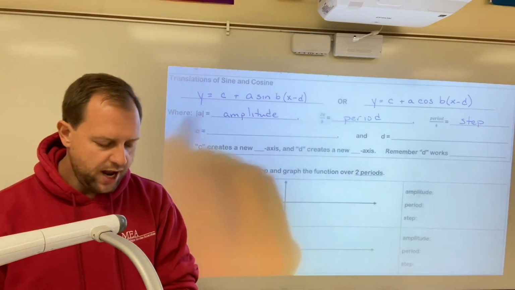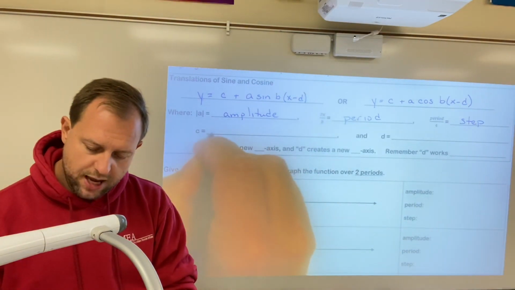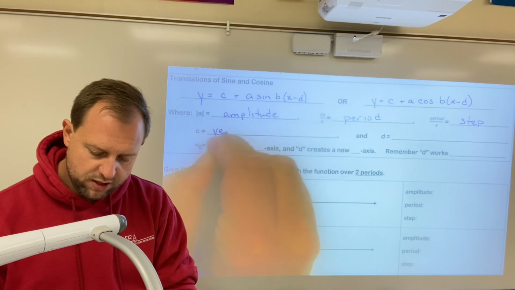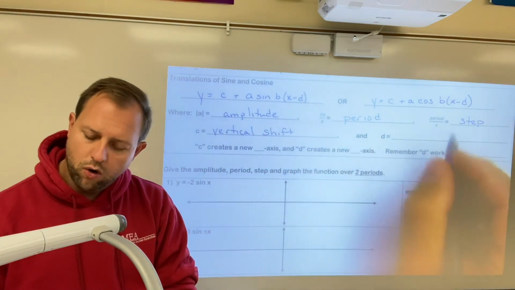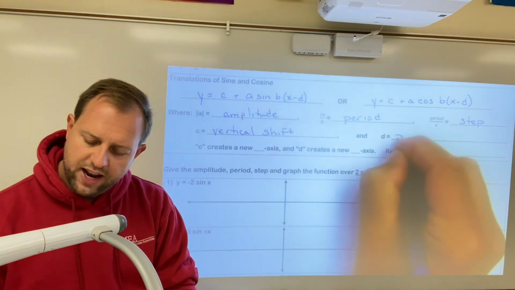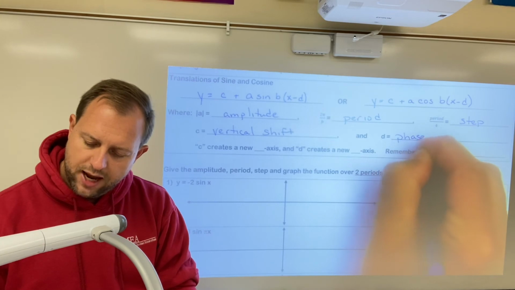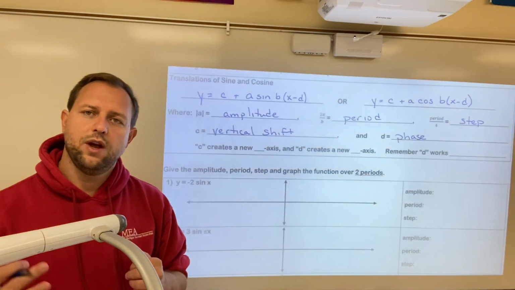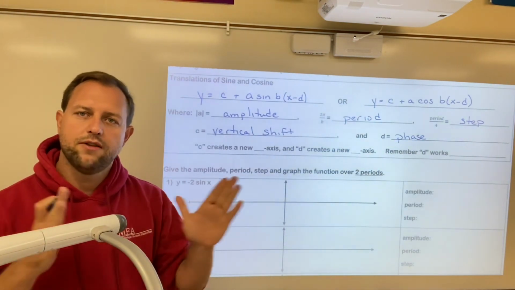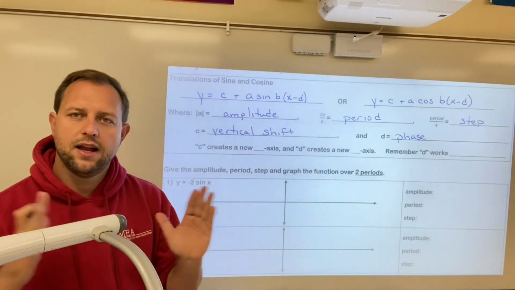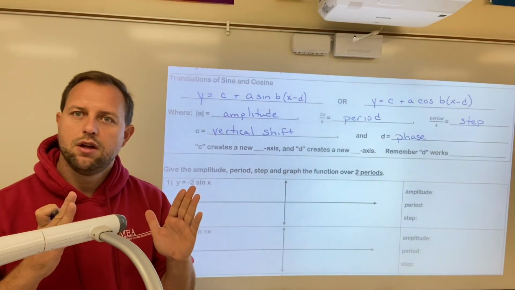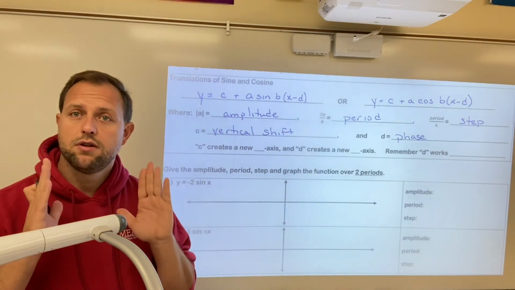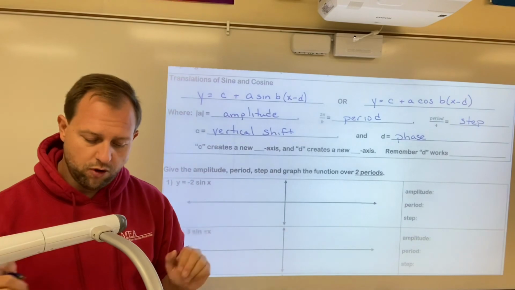C and D were added in section 2. C became the vertical shift. And D is our horizontal shift, but we call it our phase shift. That actually relates into science and waves, and whether they're in phase or out of phase depends on where the crests and troughs line up, or nodes line up in the horizontal direction.